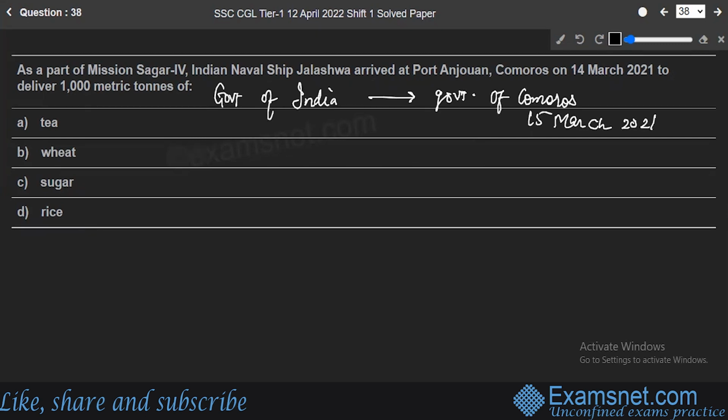The Indian side was represented by Captain Pankaj Chauhan, Commanding Officer INS Jalashva. This was also the second visit of the Indian Navy ship to the island country within a span of a year. So option D is the answer to the question. Hope you understood this. Next question number 39.